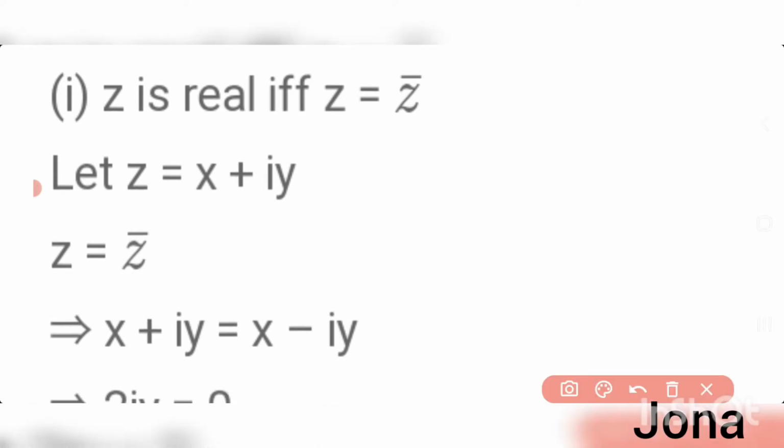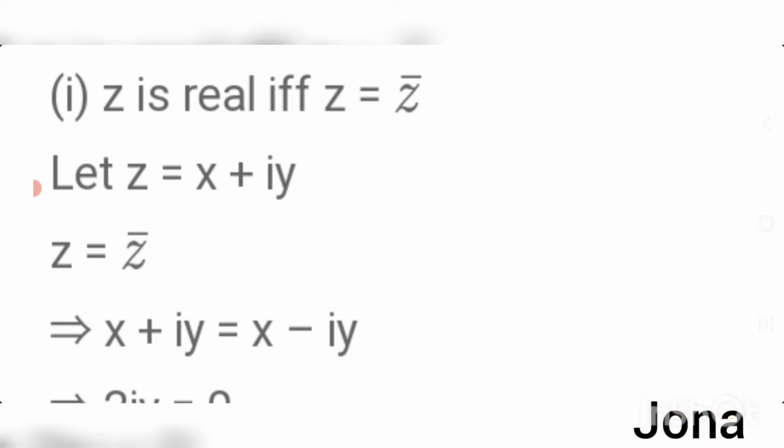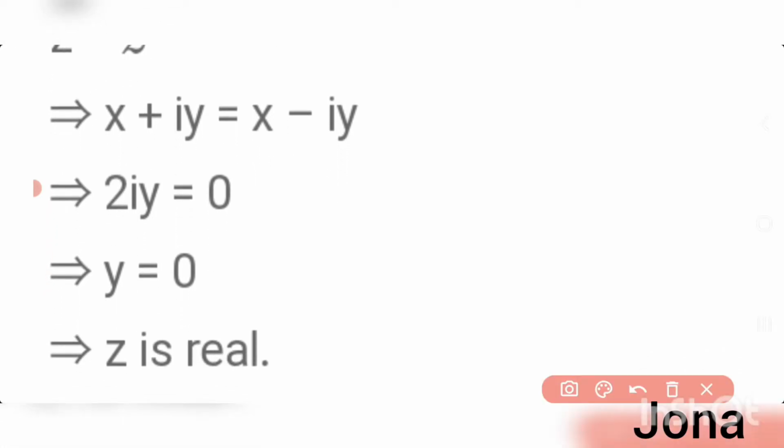Now we want to take this Z is real. Z is nothing but x plus iy. We want to prove this Z equal to Z bar, isn't it? So Z is x plus iy and Z bar is nothing but x minus iy. So take everything to the left hand side, so that we will have x plus iy minus x plus iy.